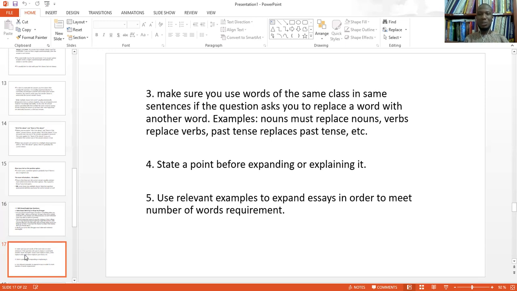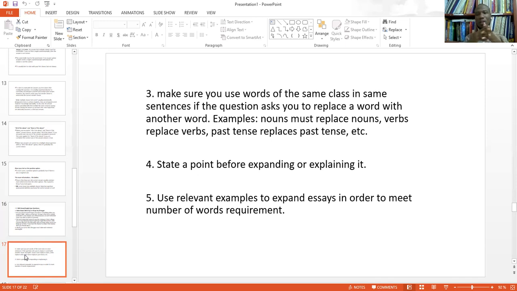Or at times in doing that, you will see that they've even joined different points. They end up touching so many points together. But the right thing for us to do here is to state a point before we explain. You should state a point before you explain.